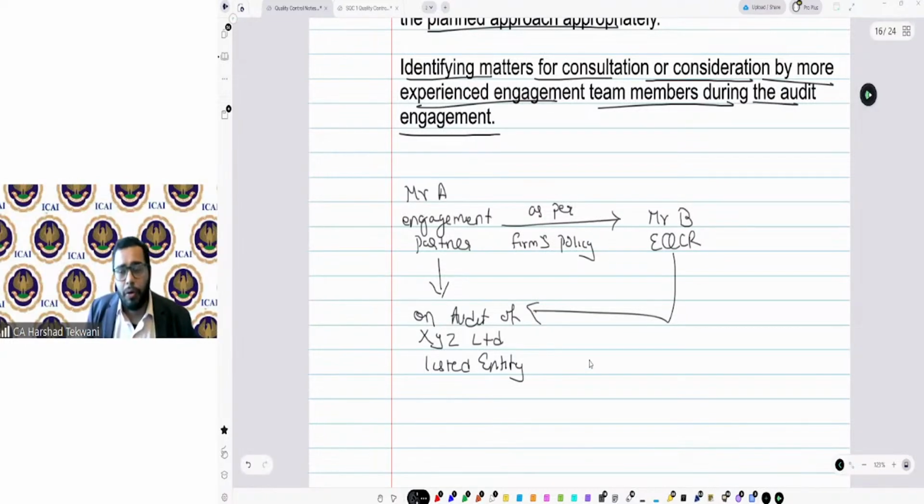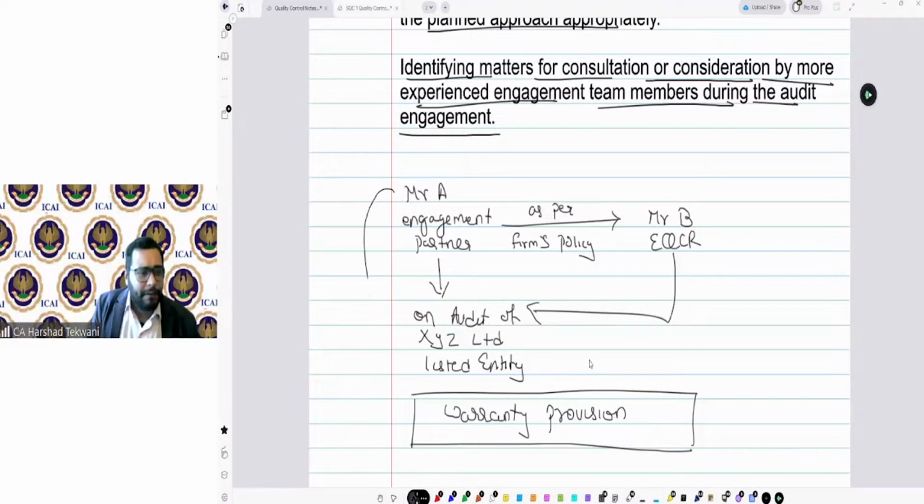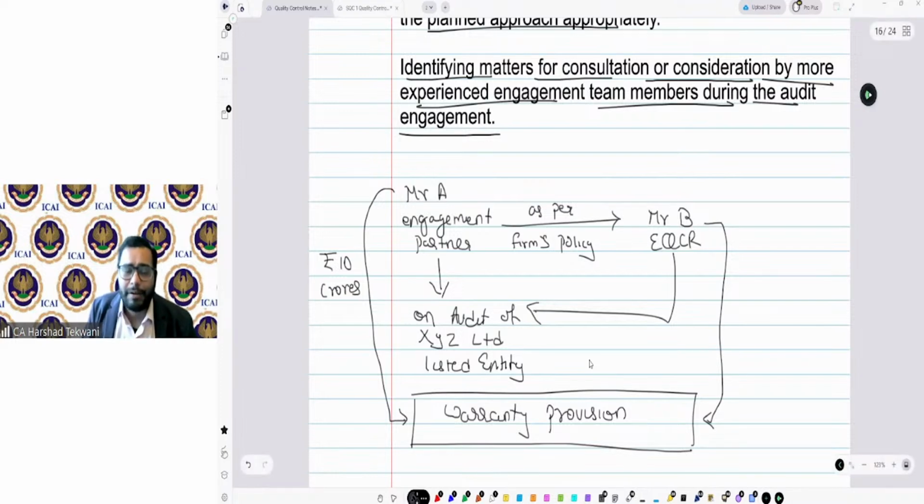Okay. Now, in the current case, let's say, for example, with respect to one of the warranty provisions, there is a difference of opinion. So Mr. A, engagement partner, says the warranty provision, the estimated calculation, should be, let's say, 10 crores.